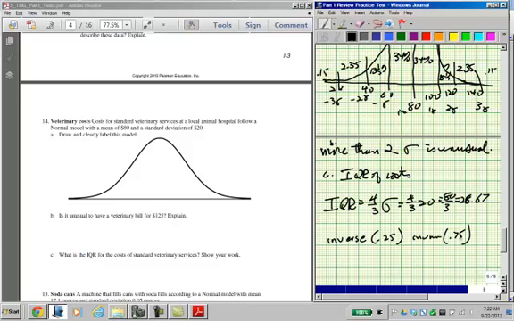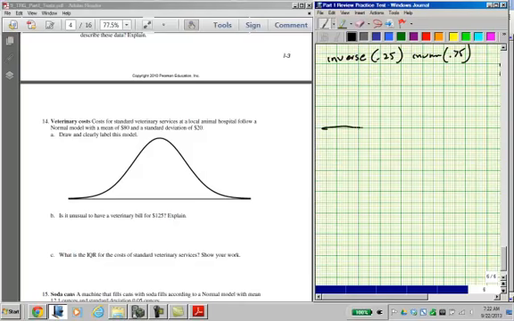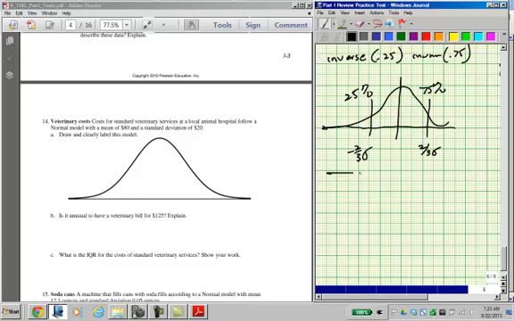I suppose that's the easiest way to do it. But the easiest way to do it is remember that the IQR is 4/3 standard deviations. In other words, negative 2/3 sigmas is the 25th percentile, and 2/3 sigmas is the 75th percentile. All right.